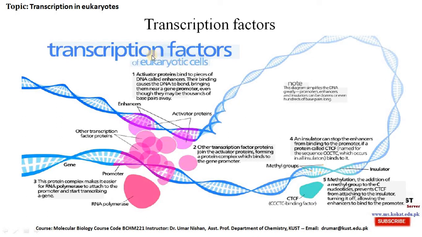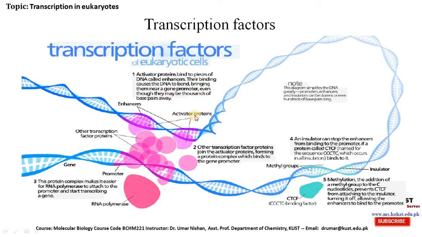They function as activator proteins, binding to pieces of DNA called enhancers. Here you can see the enhancer region. Their binding causes the DNA to bend, bringing them near a gene promoter even though they may be thousands of base pairs away.